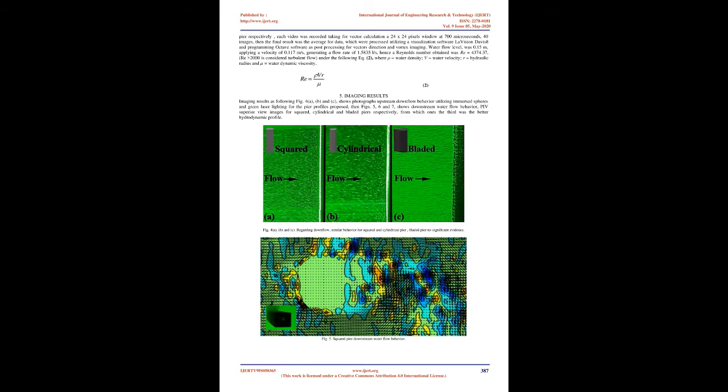4. Methods. At controlled laboratory level, the following equipment was utilized: a charge coupled device, CCD, camera previously calibrated, 532 nanometer green laser lighting, reflective 9-13 micrometer spheres, water immersed in a hydraulic transparent plastic channel with a 1.5 HP electric pump, 0.50 m long, 0.15 m deep and 0.15 m wide. 3 different 0.02 m thickness pier profiles were proposed: squared, cylindrical and bladed.